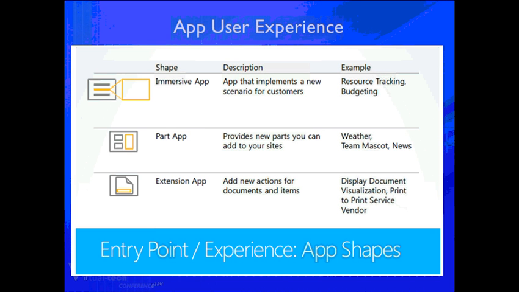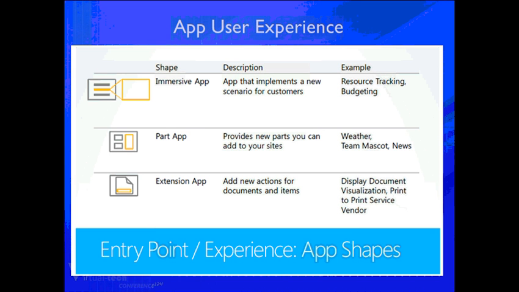Apps don't necessarily target only the custom UI. They can even aim to enhance or provide extensions to the standard SharePoint ribbon items or the menu items. For example, if you want a custom ribbon item which can launch a print service or some external service from your business provider or business partner.